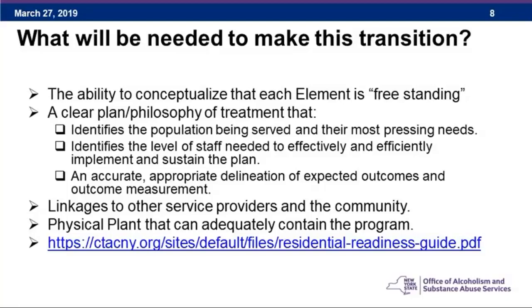We actually developed, in collaboration with providers, a self-assessment tool, and there's a link to that particular residential readiness guide, right? So the self-assessment process should be utilized by a transdisciplinary team as it's divided into various topic areas from demographic to staffing to financial planning and contracting, of which will require different skill sets.